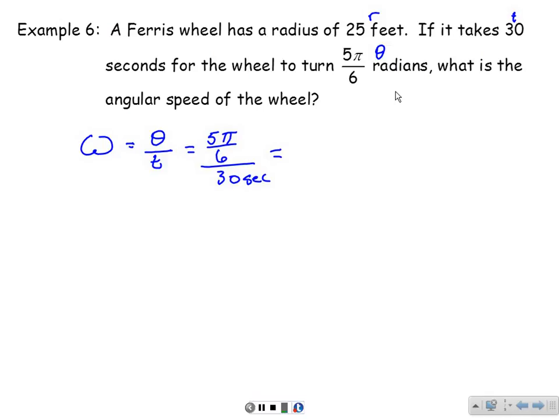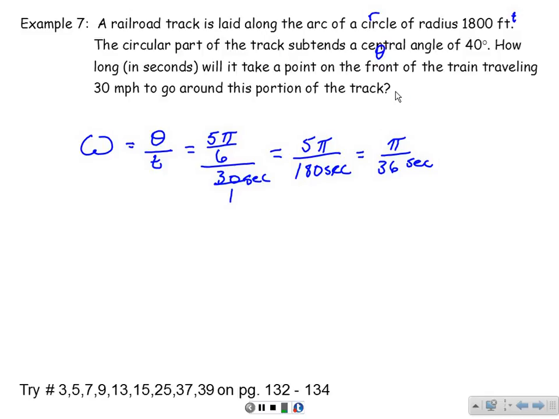We're using pi, so we know that is in radians. And so if we do the math, skin over guts, we're going to have 5 pi over 180 seconds, and so we get radians per second, so that's going to reduce to pi over 36 radians per second. So that's going to be your omega.